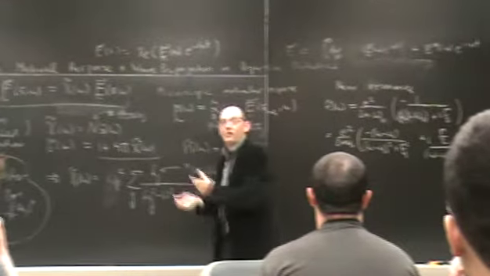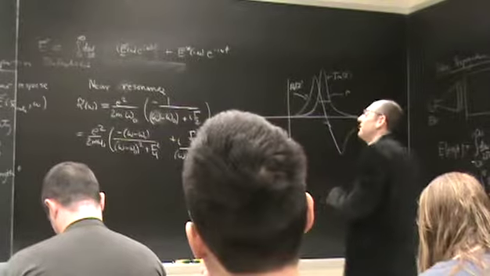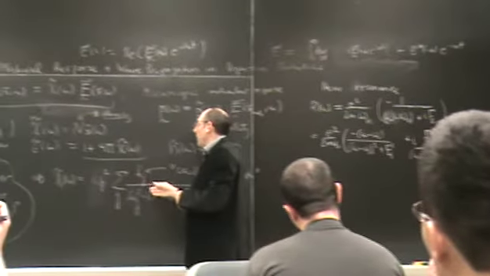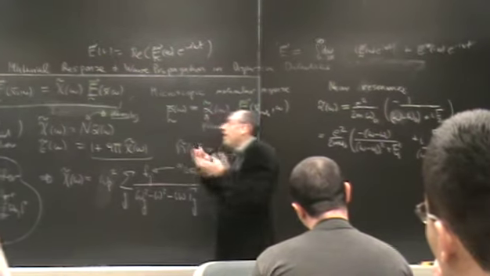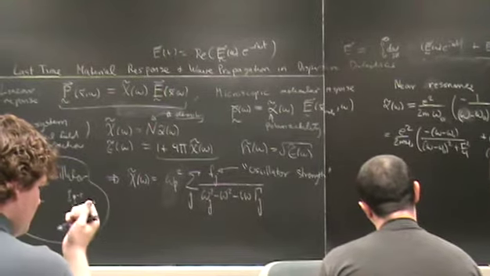Of course, this was seen empirically before the invention of quantum mechanics, and the way it was dealt with was to put in a fudge factor, to say that, well, there's some strength of the resonance, so-called oscillator strength.